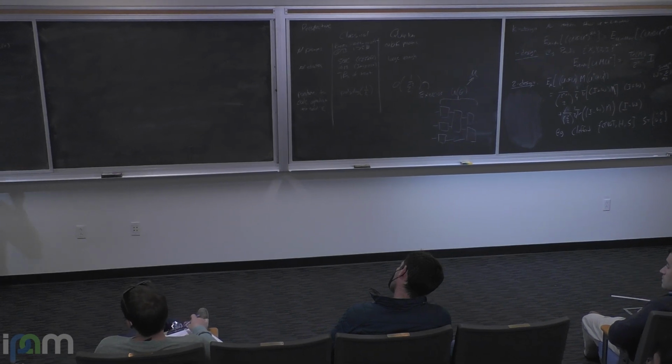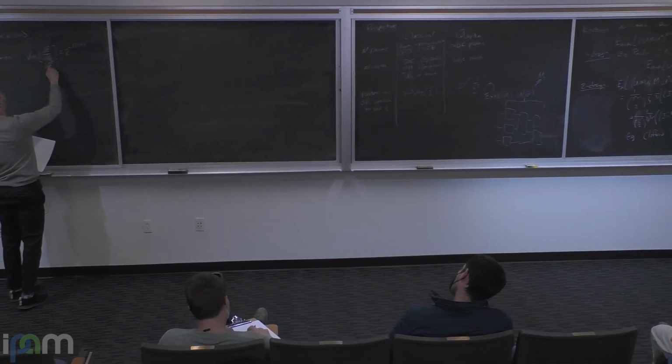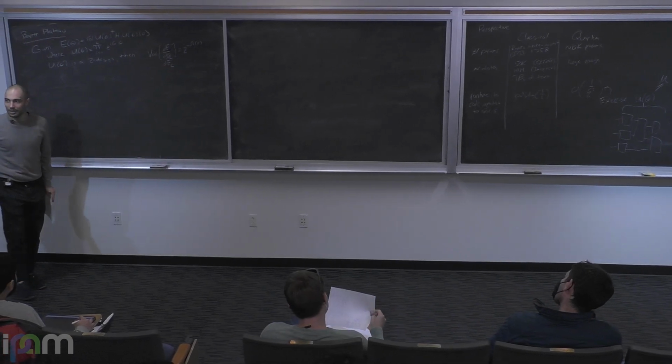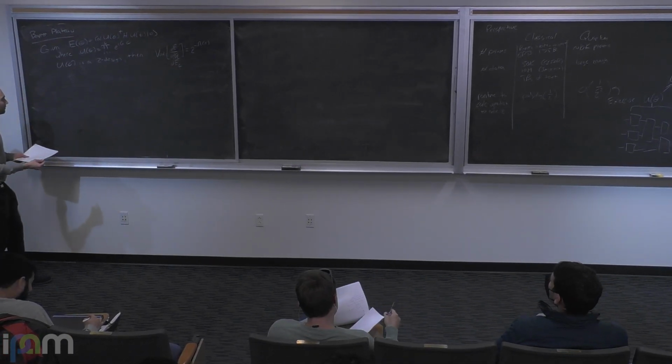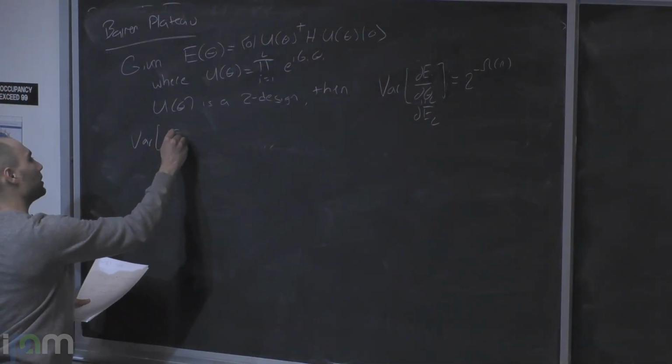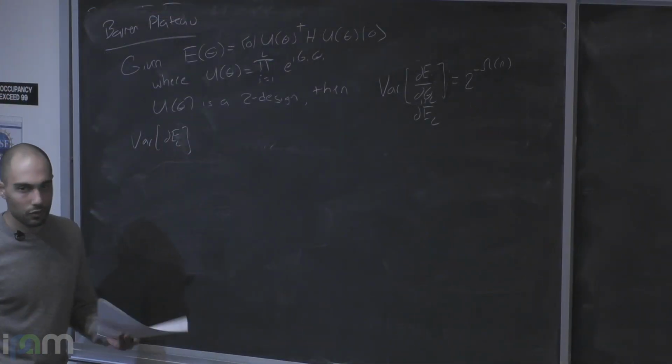So let me just shorten the notation. I'm just going to call this quantity D, because I don't want to keep writing fractions. So, the variance of VEL. What's the formula for variance?